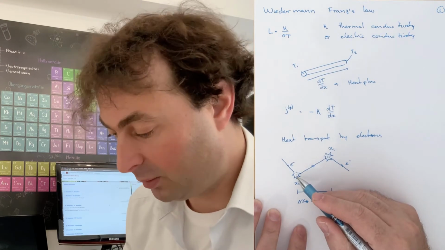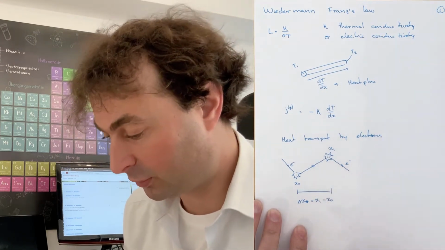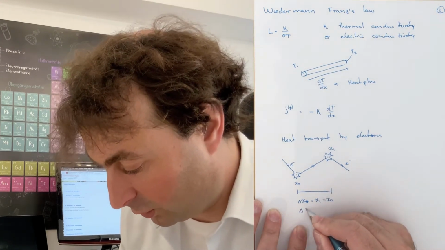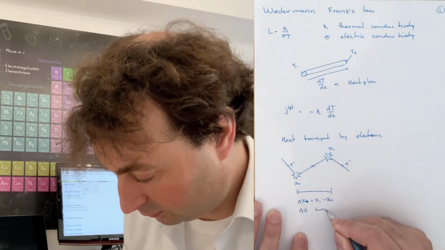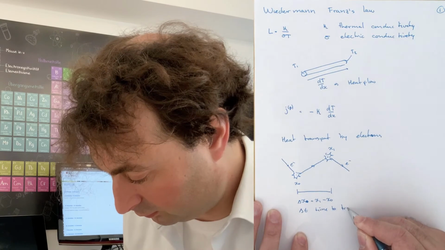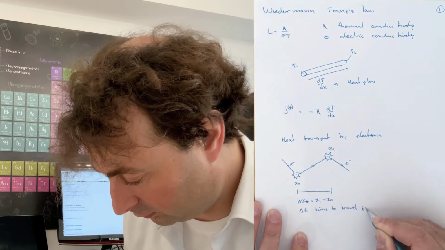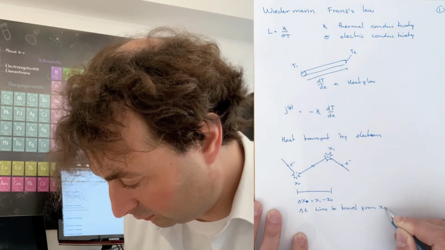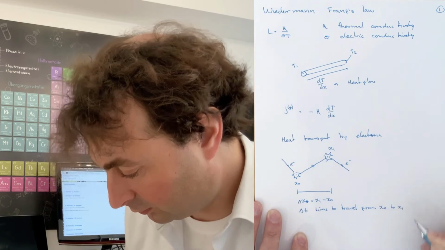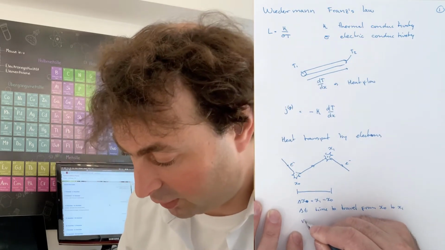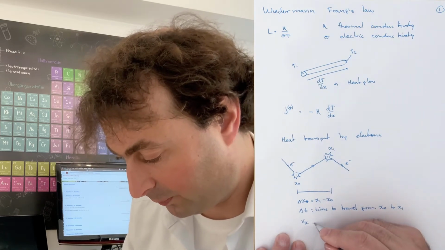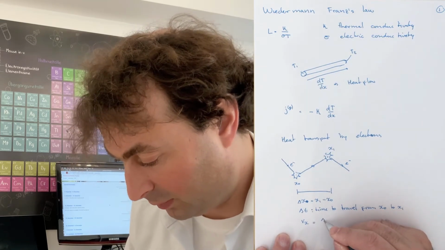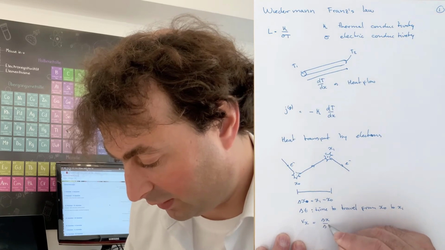The time that the electron took to travel from x0 to x1 we will call delta t. And then we have a velocity of the electron during this time, which is given by delta x divided by delta t.